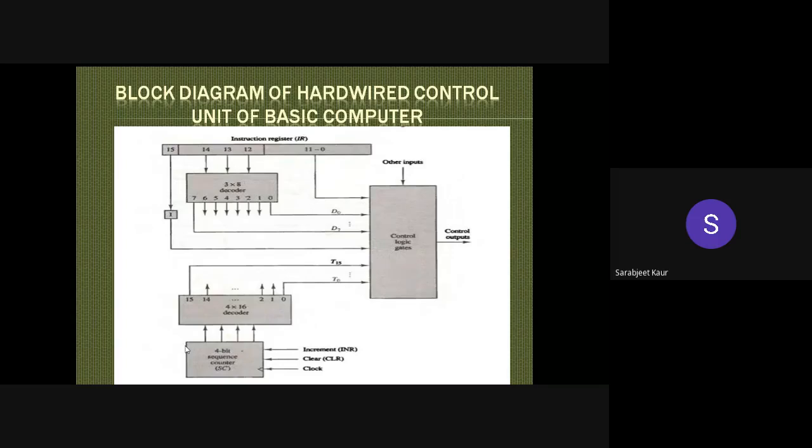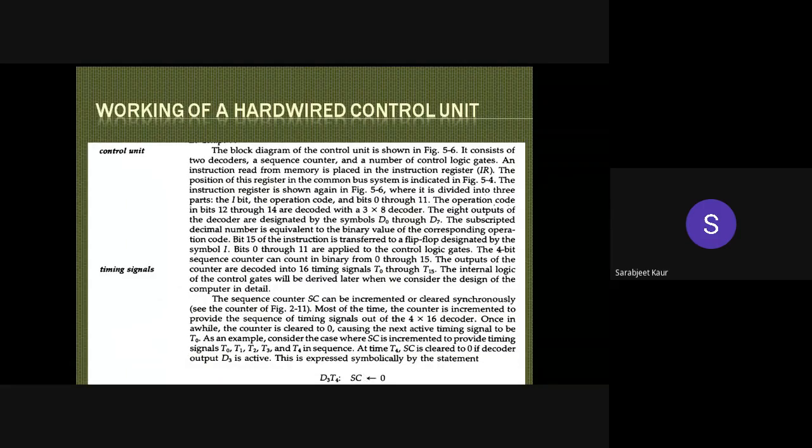Why? Probably so that we can start off the execution of the next instruction. As you will see in the next class, this micro instruction generally marks the end of the instruction execution. Is this clear, students? Yes, ma'am.